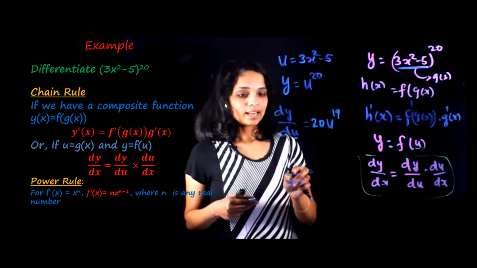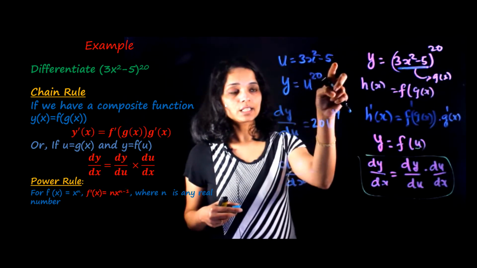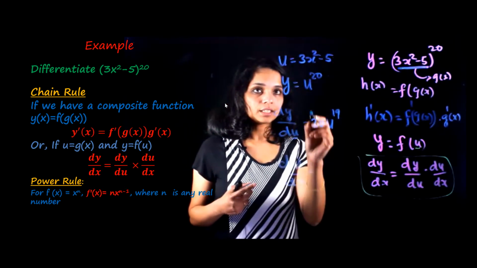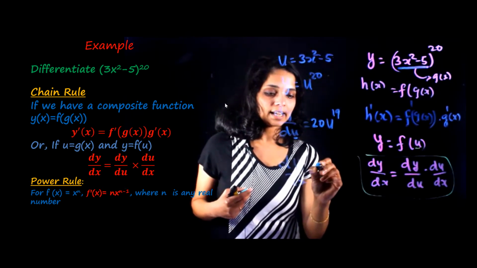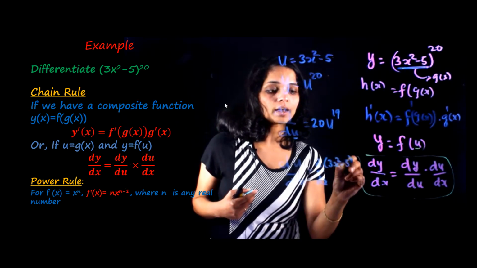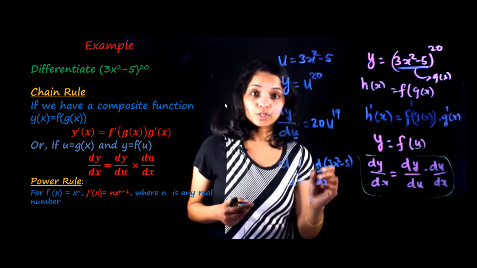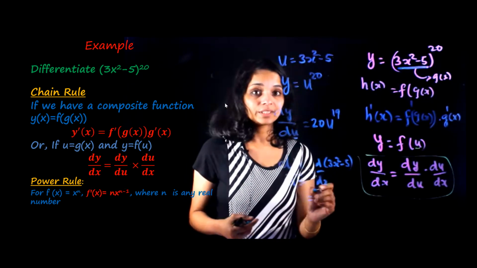Now you can find du on dx. When you do that, remember to use this equation. du on dx is d on dx of 3x squared minus 5. Again, we need to use the power rule, and also the constant term. When the constant term is involved, you know how to deal with that as well.